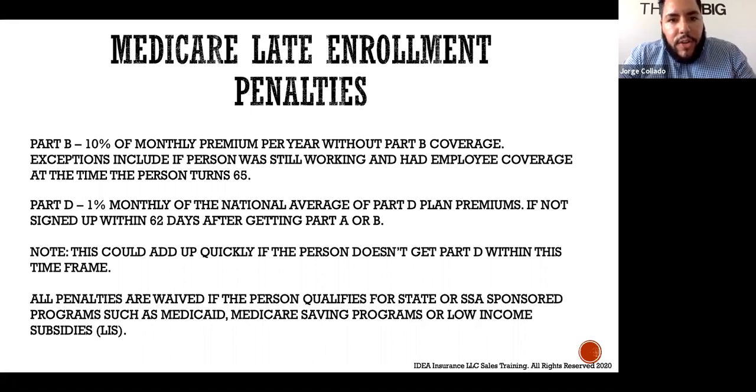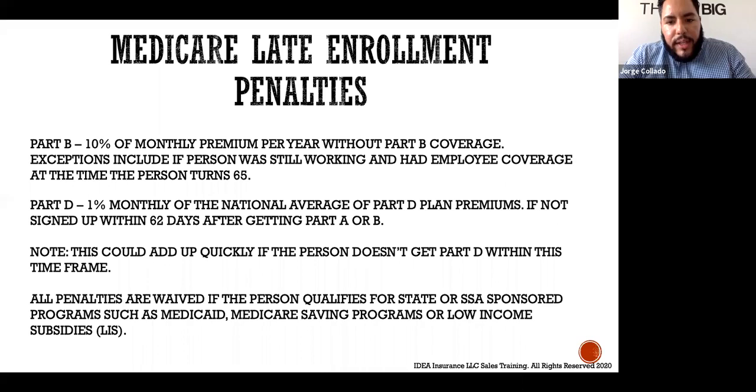Part D also has a late enrollment penalty of 1% per month of the national average of the Part D plan premiums. So they have to sign up for Part D within 62 days after getting their A or their B, otherwise they'll be hit with the penalty as well.